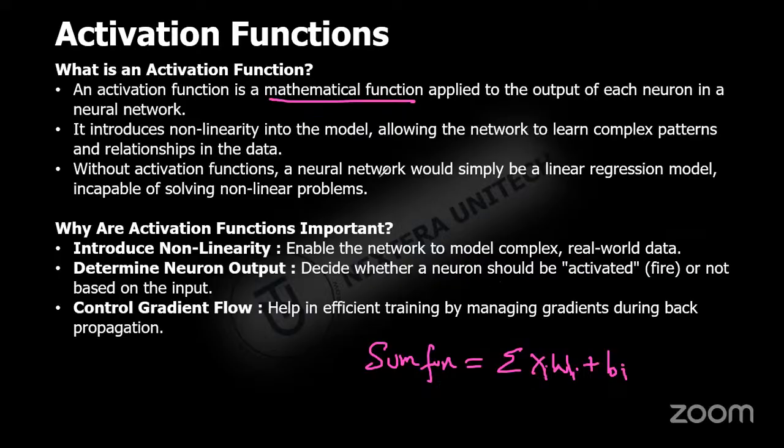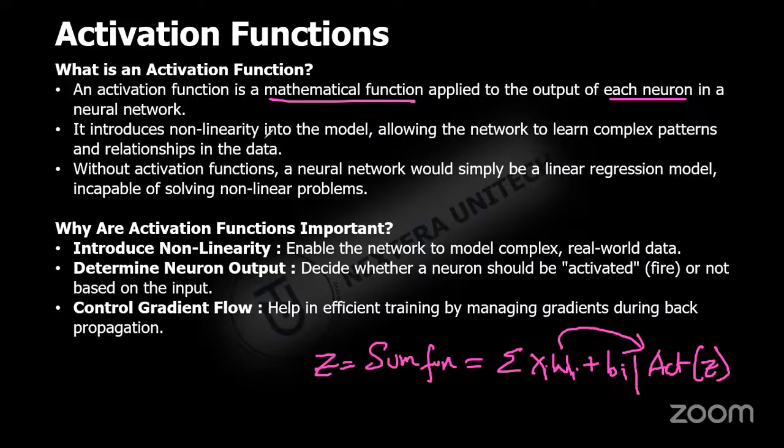Yes. In the same way, activation functions are also mathematical functions, which are applied to the output of each neuron. The output of the summation function, this z, will be passed as an input to the activation function.